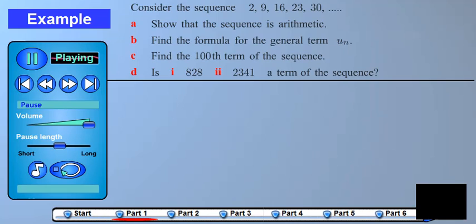If the nth term of the sequence is written UN, then we can write a general rule for arithmetic sequences.